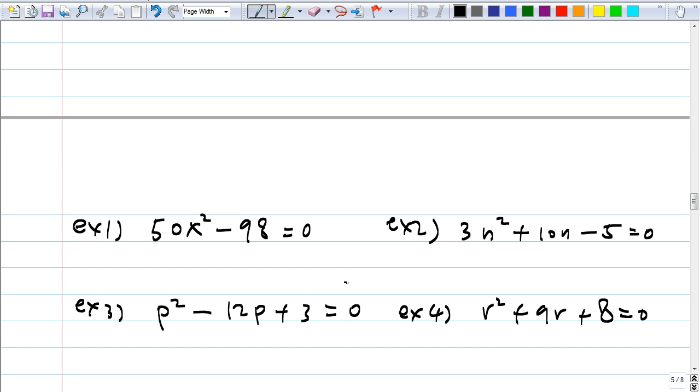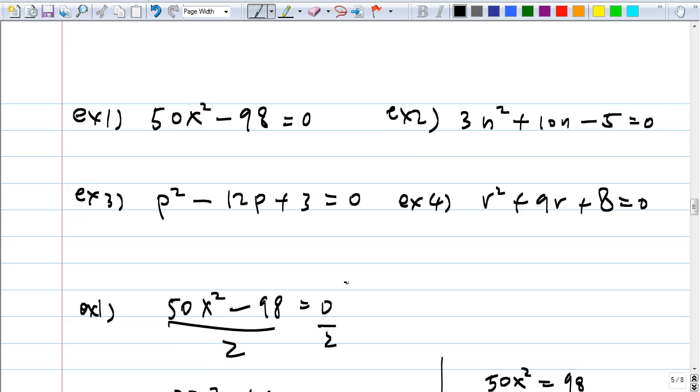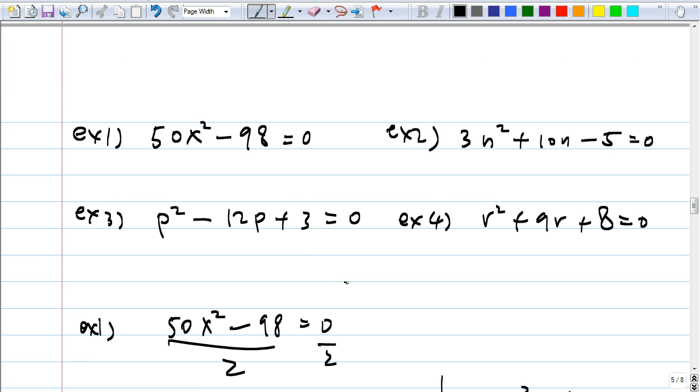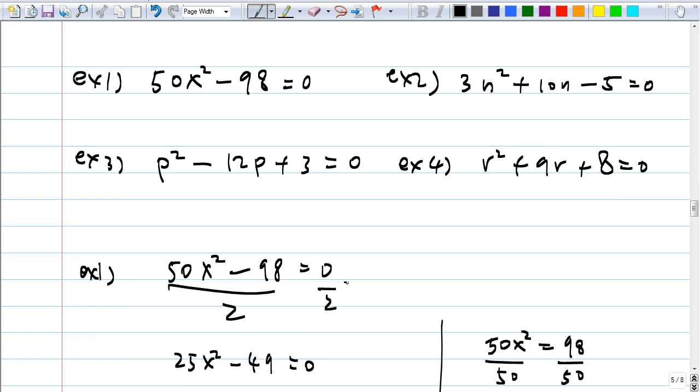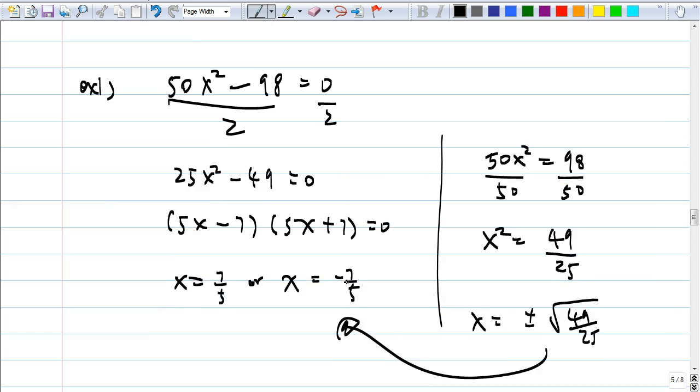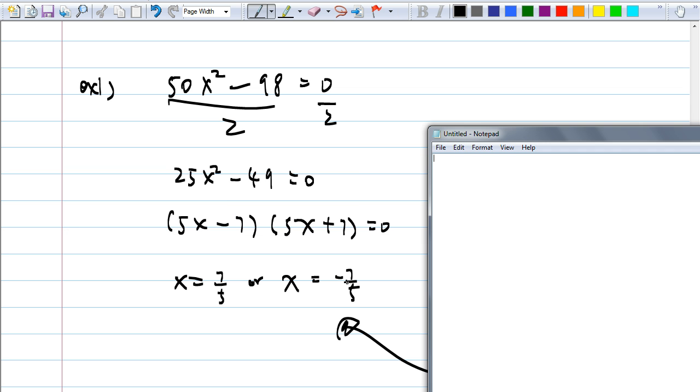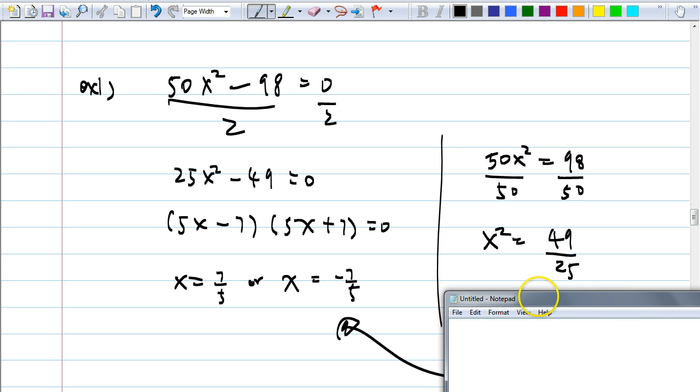Okay, how many people divided both sides by 2 first for number 1? Okay, you should always simplify if you can, right? There are 2 ways of actually doing this. You could either factor the left side because you notice that it's a difference of squares. Okay, and if somehow you didn't get that, well, you could always add 49 to both sides and divide both sides by 50, right?